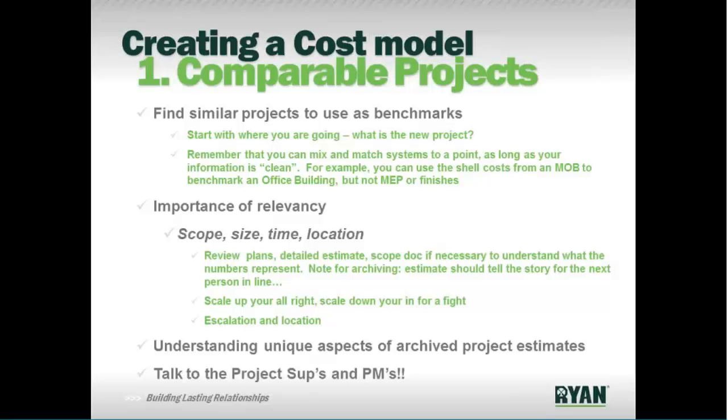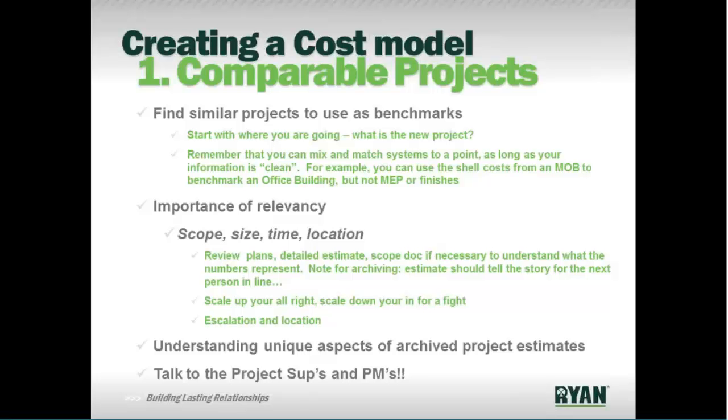You could compare shell building to shell building, but you have to recognize that your interiors or your MEPs will be very different between those two types of construction. So you can cross-pollinate systems between buildings, and you can use other types of buildings for your benchmarks, but at times it'll just be components and not the whole building, excuse me.